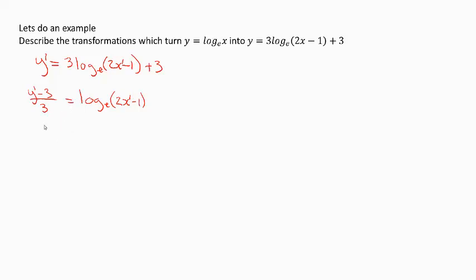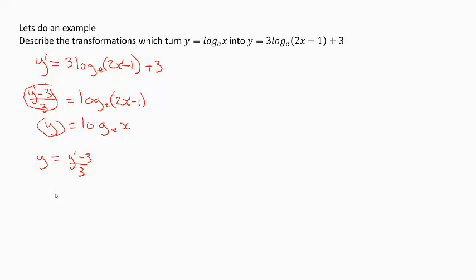The original equation is y equals log e to the x. So if you relate this and this, that tells me that y equals the old y. In its place, I've put the transformed y, take 3, over 3.